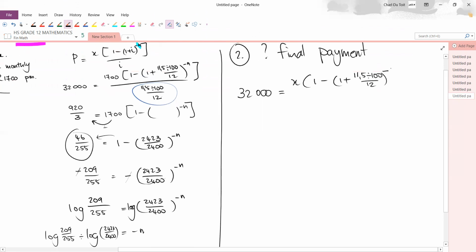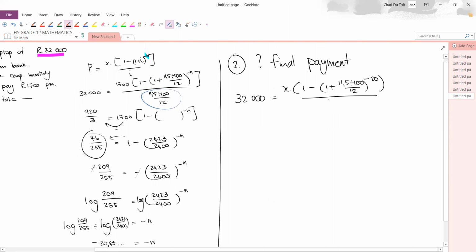Yeah. Just want to make sure this is the P value, 32,000. Okay, that's correct. And that is over 11,5 divided by 100 over 12. This might be irritating to you because I'm writing this; you're probably just writing 0,115 over 12.